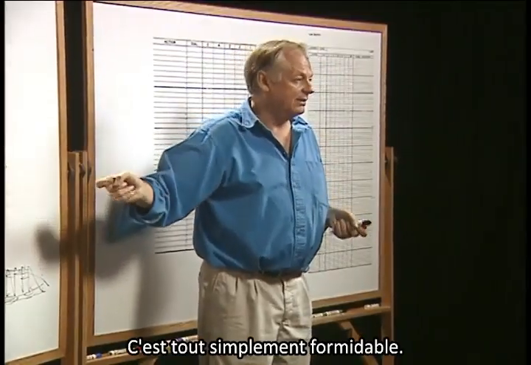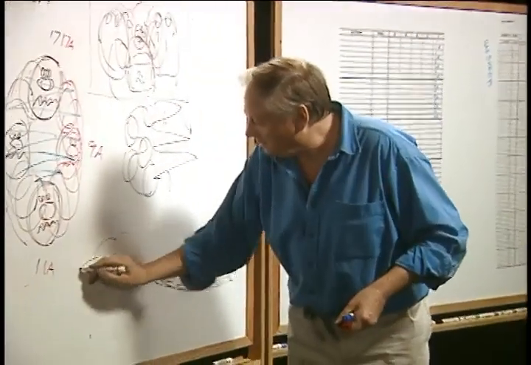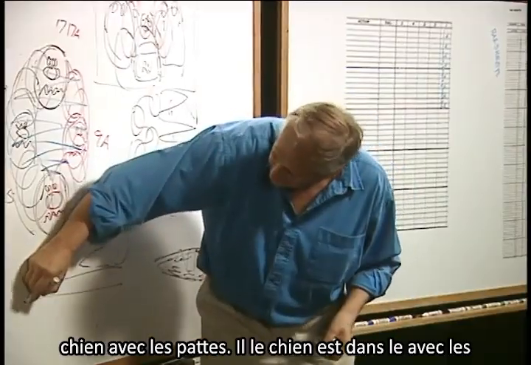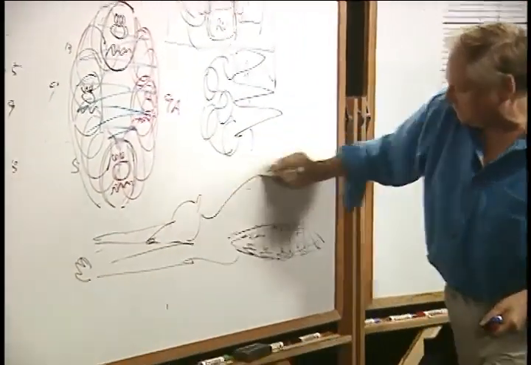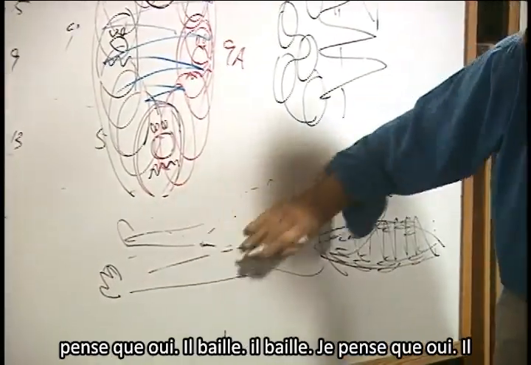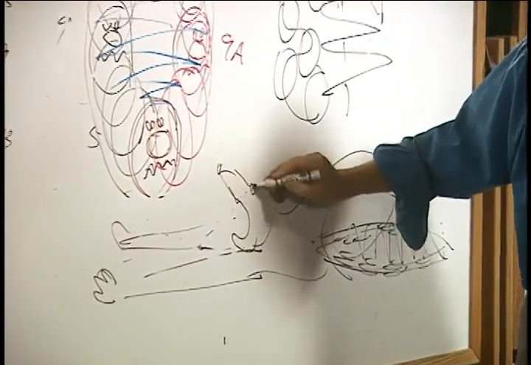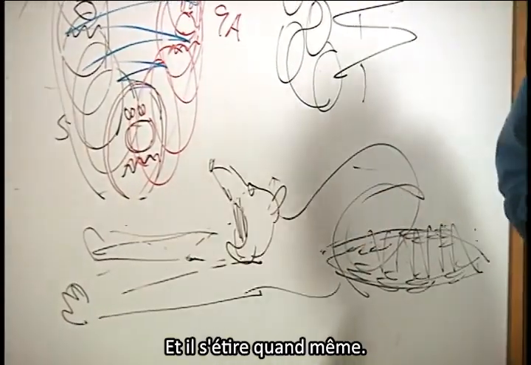But this system is a smasher. It's just terrific. You use it in the beginning of 101 Dalmatians. Milt has a shot of the dog with the paws. The dog yawns, I think, and he stretches anyway.